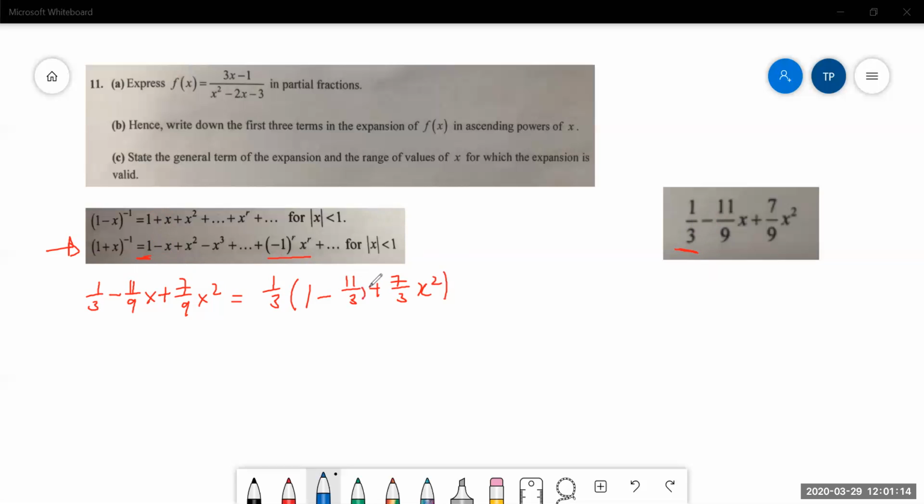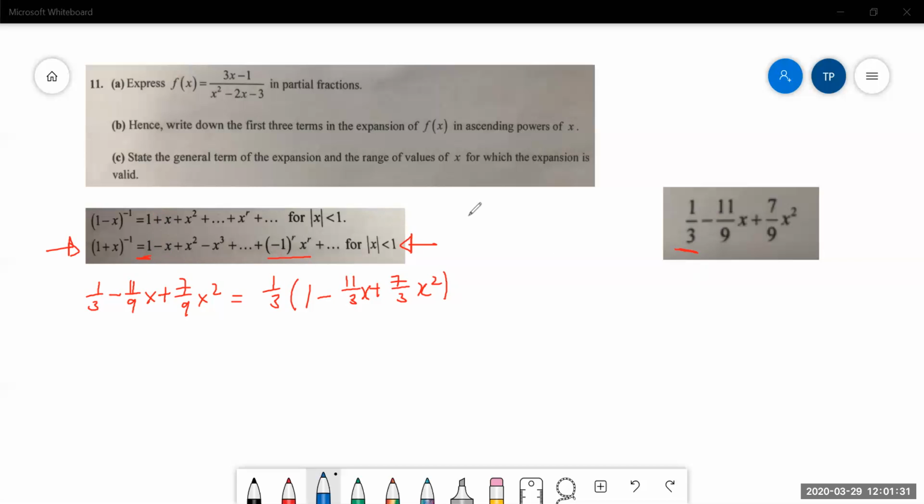Sorry, there's an x here. Okay. So using this formula, we can see that we have minus 1 to the power of r.